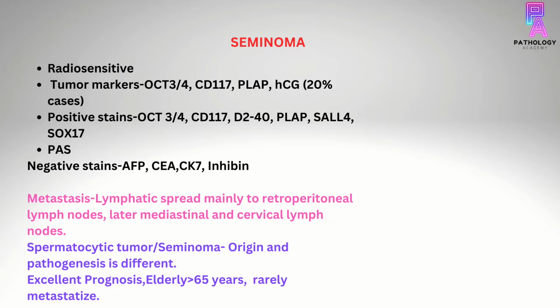A distinct type of seminoma is spermatocytic tumor or spermatocytic seminoma, whose origin and pathogenesis is distinct and very different from normal seminoma. These tumors rarely metastasize and have excellent prognosis, and they are generally encountered in elderly over 65 years.